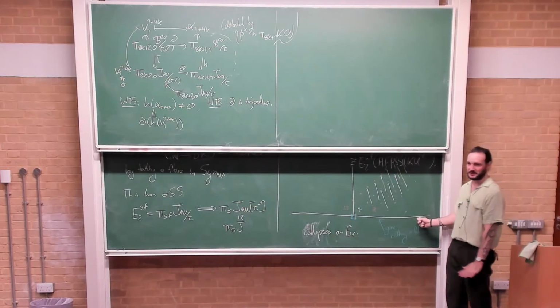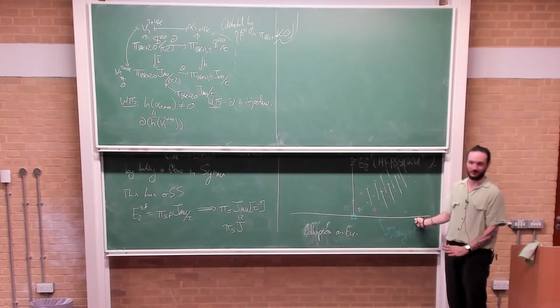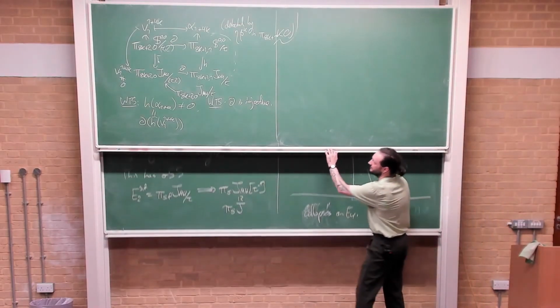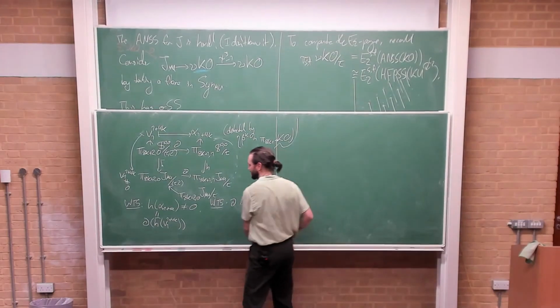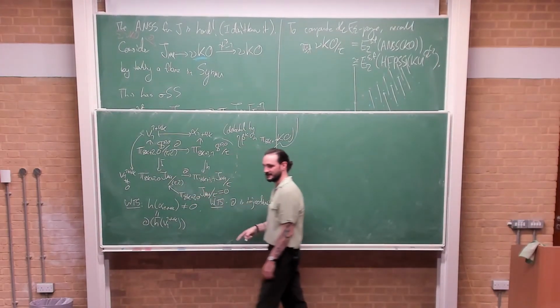Because all of the filtration 0 stuff comes from torsion-free stuff, and all of this is not in the kernel of psi3 minus 1. So in particular, this group is dead, and so this map in our exact sequence is injective.